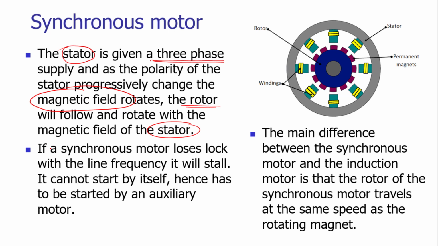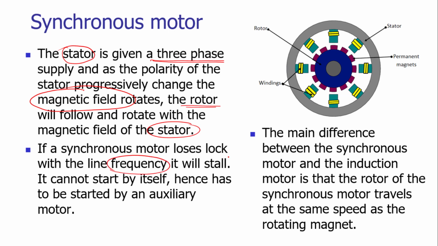with the stator windings. Sometimes the rotor will lose the lock with the line frequency. It may happen that the rotor loses track, losing synchronization with the rotating magnetic field provided by the stator winding.